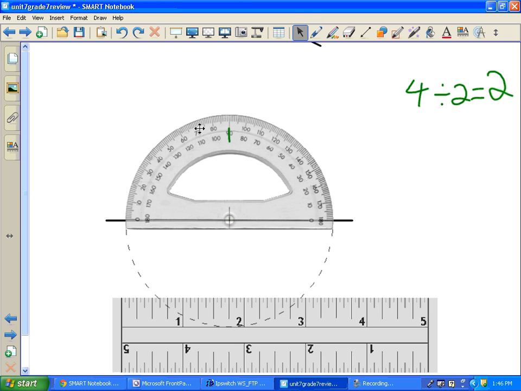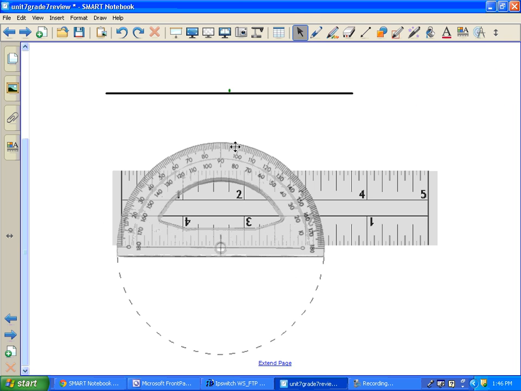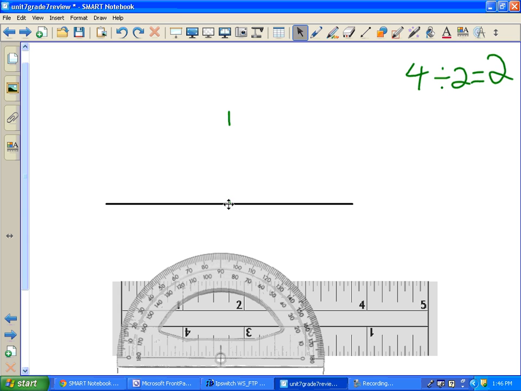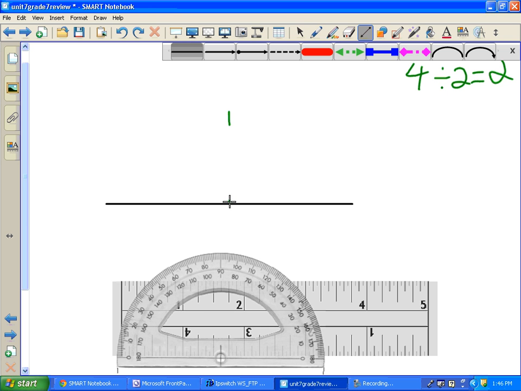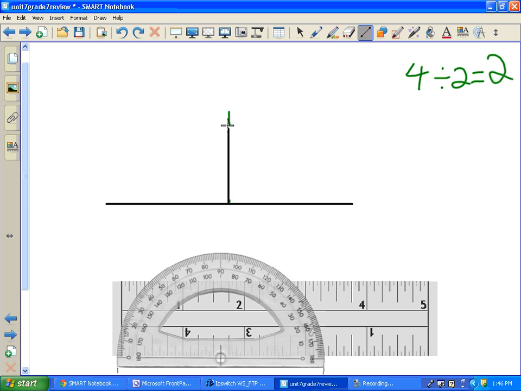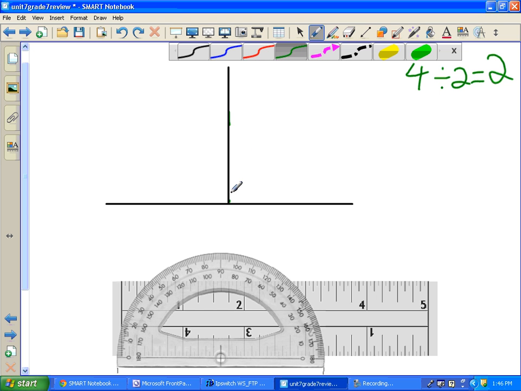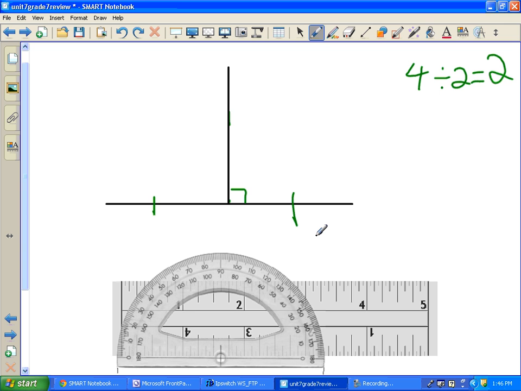So then all I have to do is move my protractor and connect this dot straight up through to that one, using your ruler, of course. It's much easier using your ruler. So connect through, and now I've made a nice perpendicular. It's perpendicular, and of course this side here is equal to this side. That's what these symbols show. So that's a perpendicular bisector using a ruler and a protractor, and that is by far the easiest way to make it.